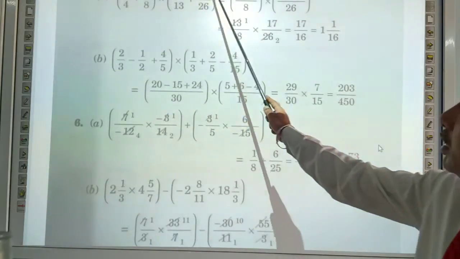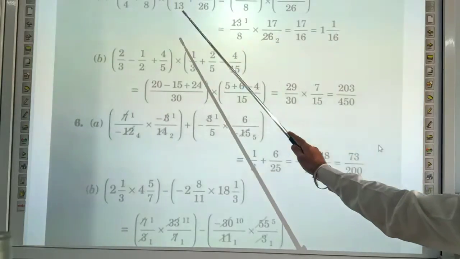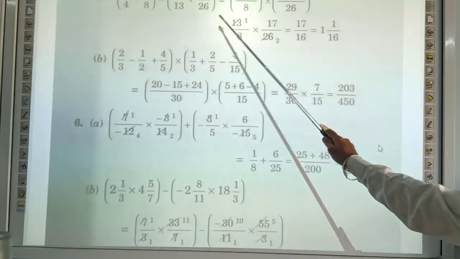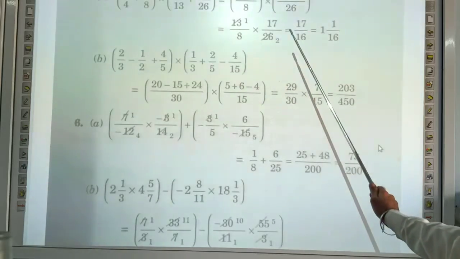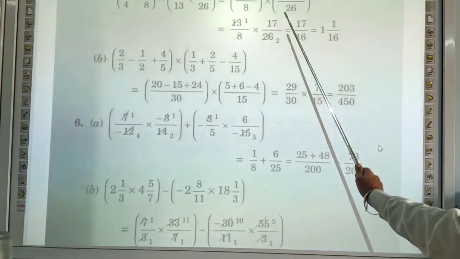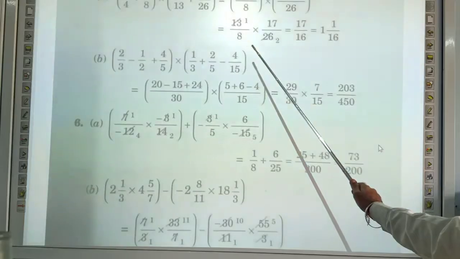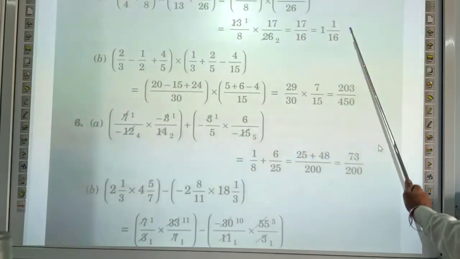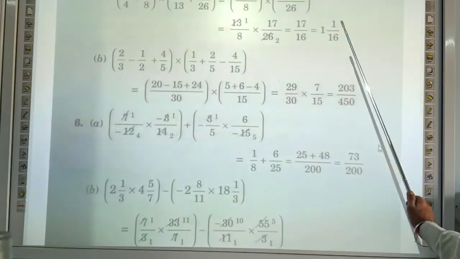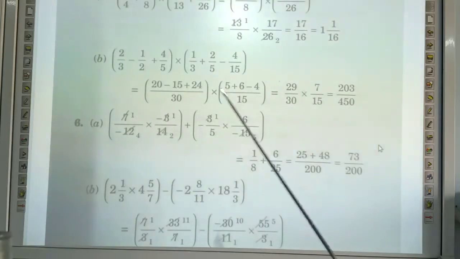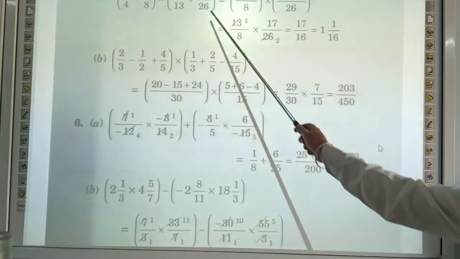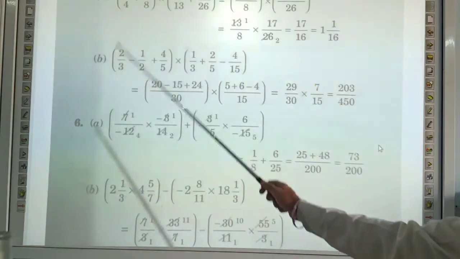Then the second bracket part is calculated, 11 upon 13 minus 5 upon 26, so 22 minus 5 upon 26, cancelled out. When we get it cancelled, we get 17 upon 8 into 16. Now on converting into a mixed fraction, we get 1 upon 16. So here both brackets, both sums are multiplied.